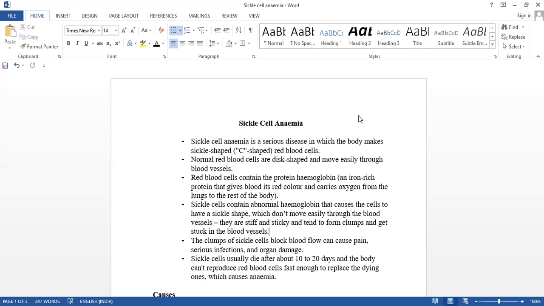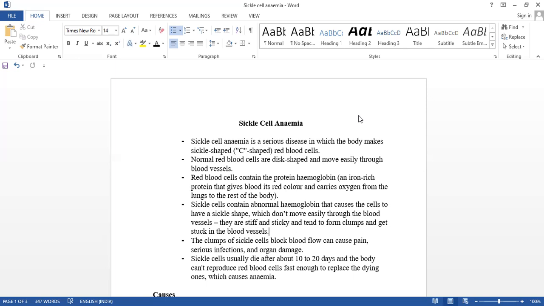The blood will not flow easily through the blood vessels, and clumps will form, so that there will be a deficiency in the supply of the blood. Due to the blockage of the blood vessels, that organ will get damaged, isn't it? Due to insufficient supply of the blood.